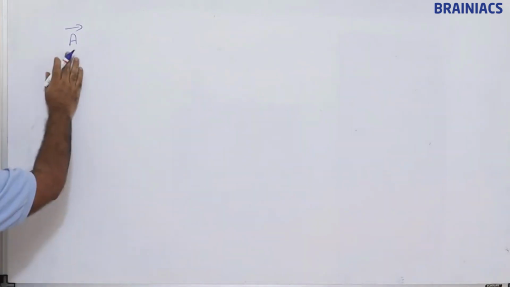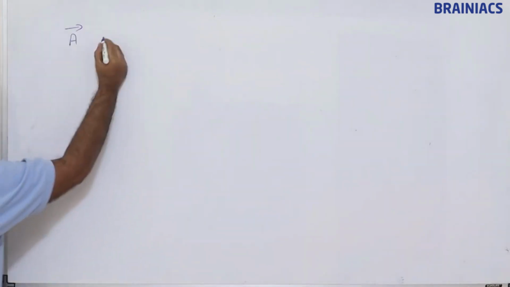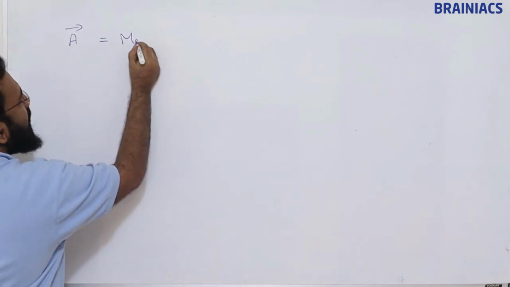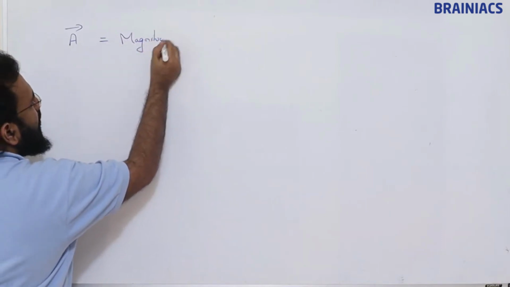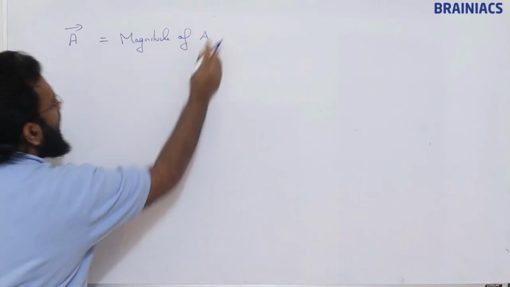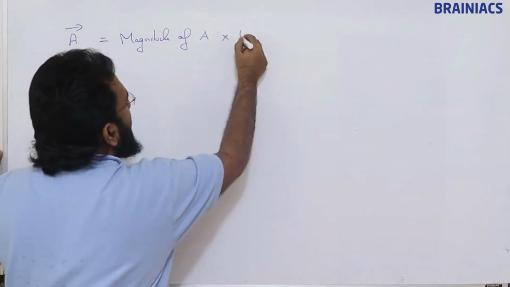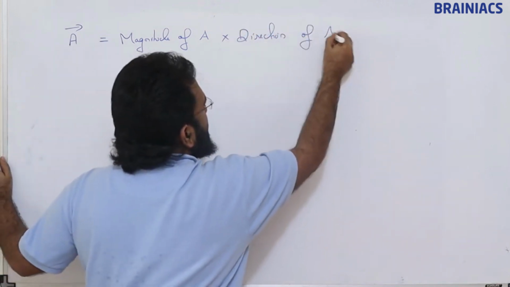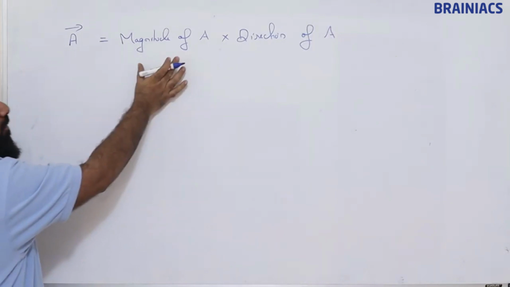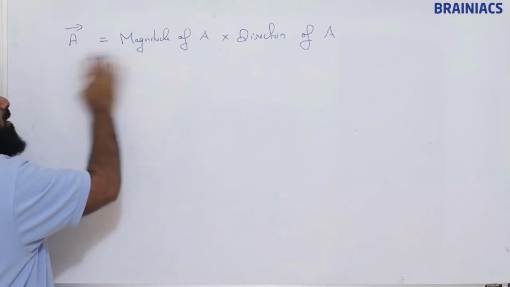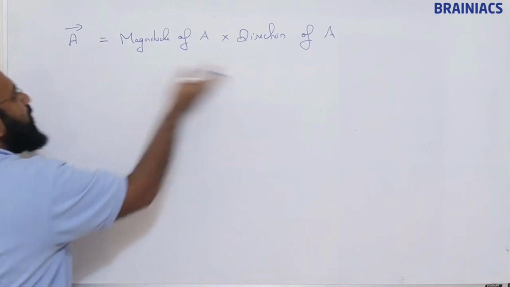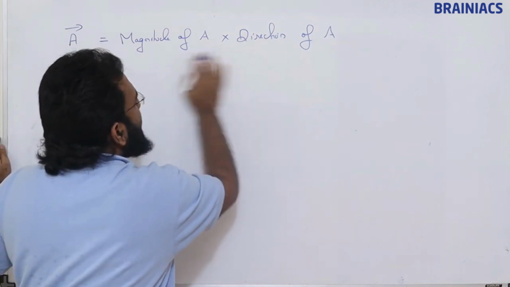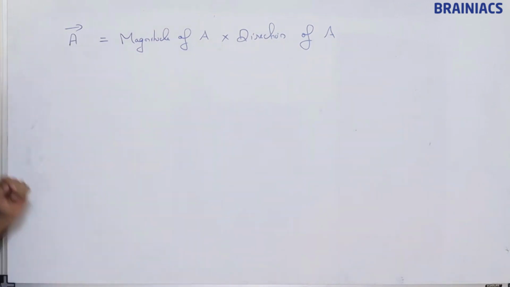Vector A arrow is equal to, first, the magnitude of A, into the direction of A. A vector A consists of the magnitude of A into the direction of A. So vector A is nothing but magnitude of A and direction of A; the combination of these two is what a vector is.